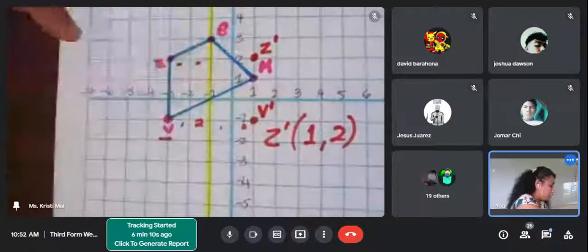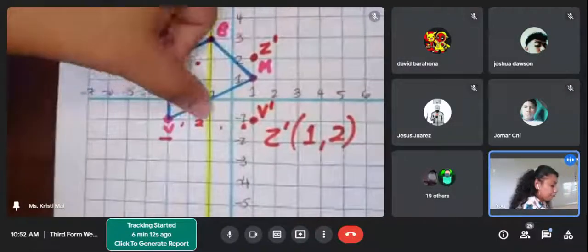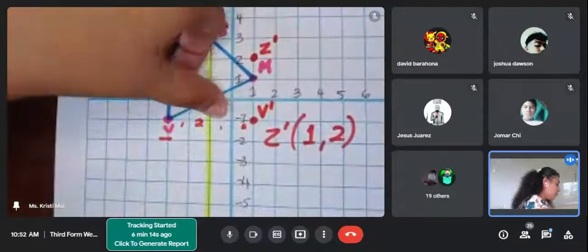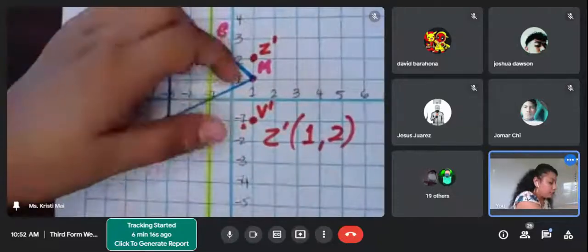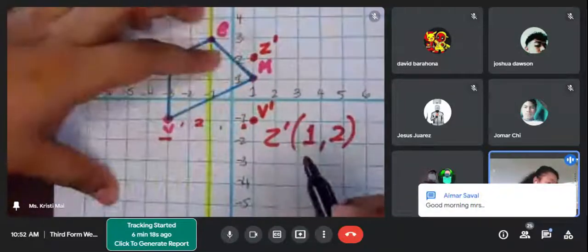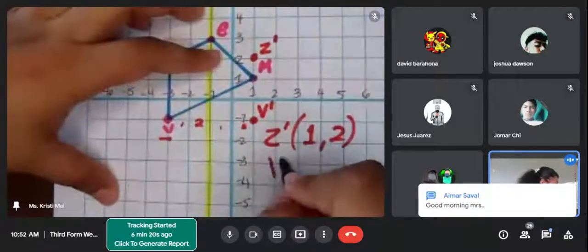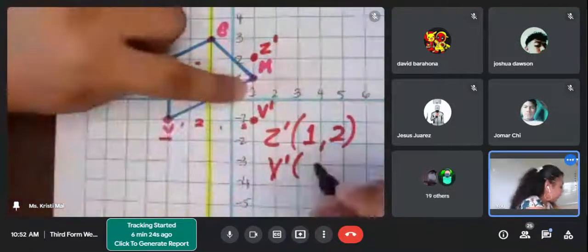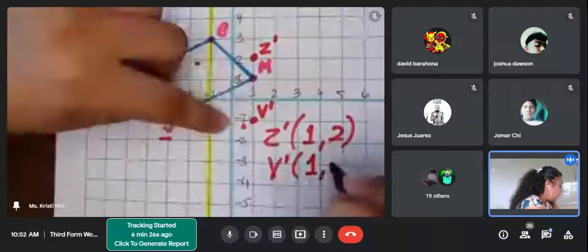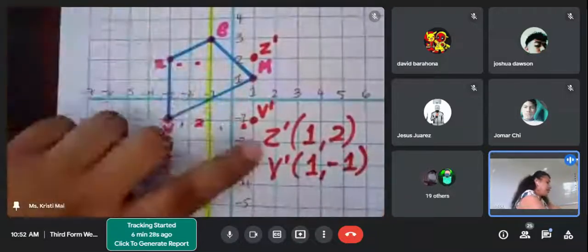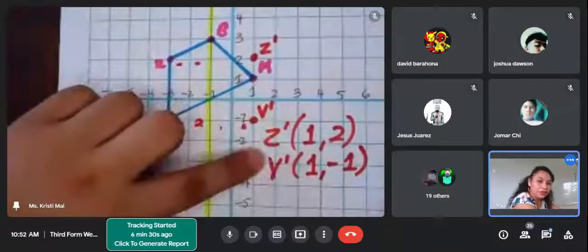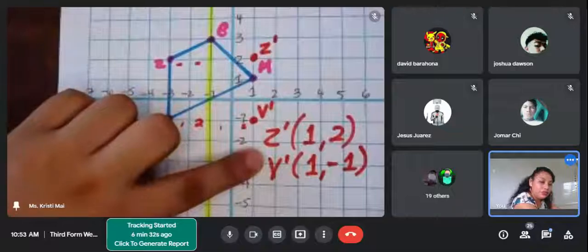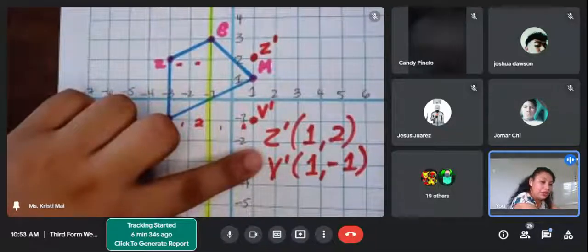V is two spaces from the line, so V1 has to be two spaces from it as well. Good morning, Eimer. V1 is going to be 1 on the x-axis and -1 on the y-axis. So these two are your points. All right? Anybody have any questions so far?